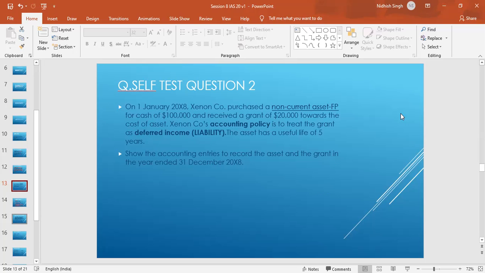What you're saying essentially is that in the first year itself, we make an entry of $100,000: debit asset by 100,000, credit cash by 80,000, credit deferred income by 20,000. Agree? Yes.